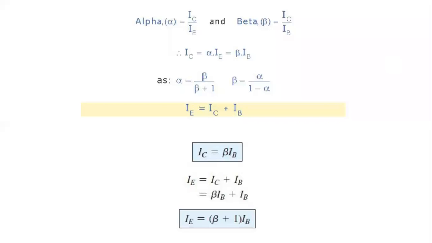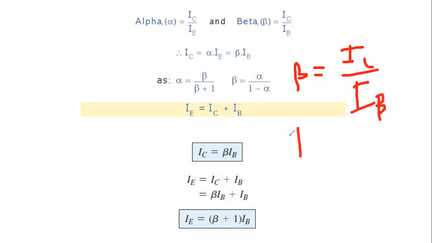From here, one thing is important: as we just learned, beta equals IC by IB. From here we can easily tell that IC equals beta into IB. So IC equals beta into IB.